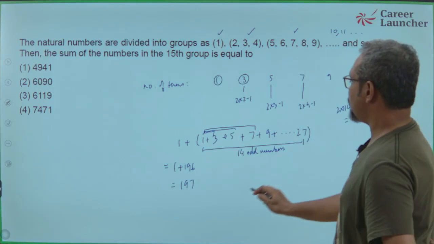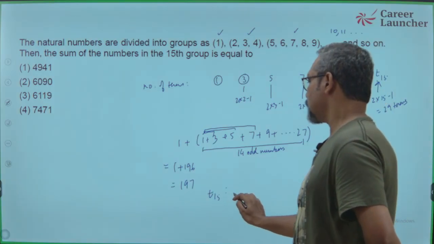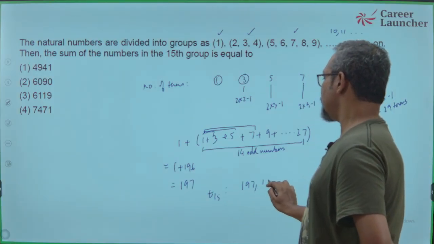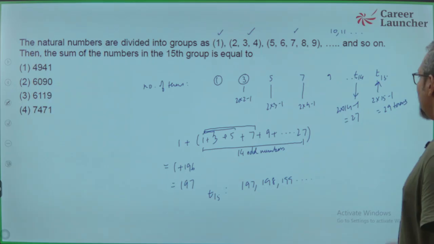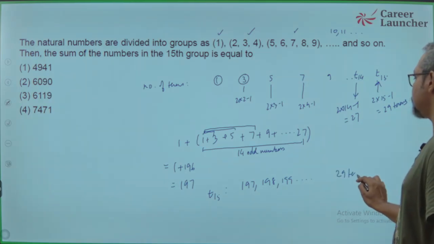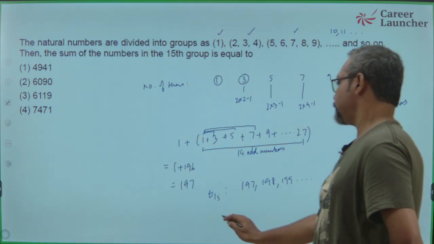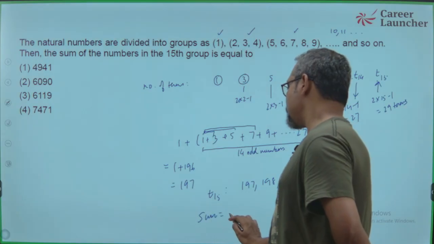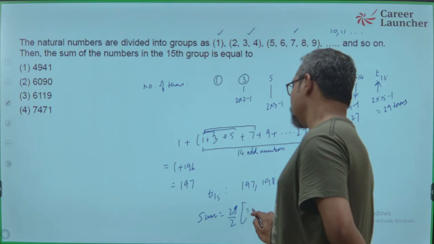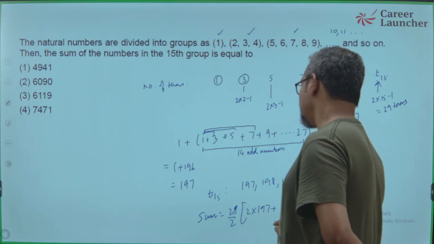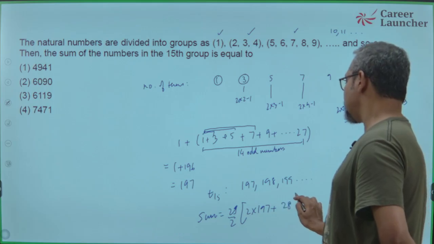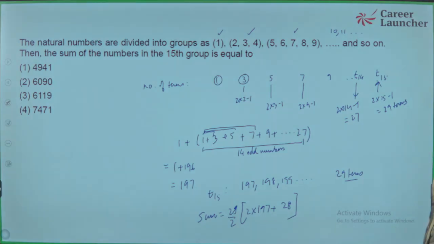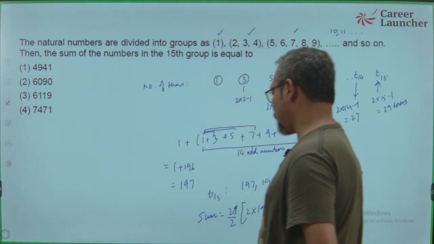So that means for T15, we have 197, 198, 199 and so on, and we have 29 of them. So what's the sum? 29 by 2, 2a plus n minus 1, so 29 minus 1 times d, d is 1 here. So that is our required sum. So let's calculate the value of this.